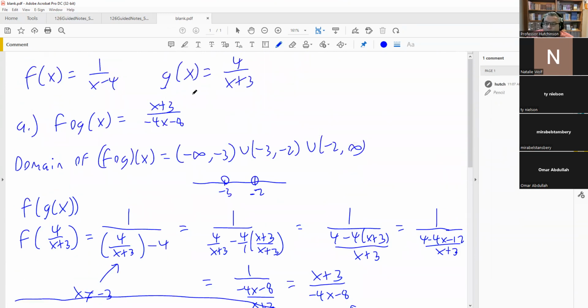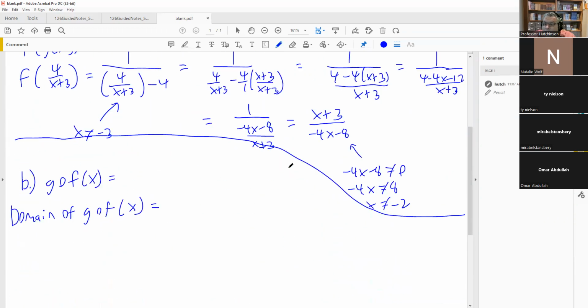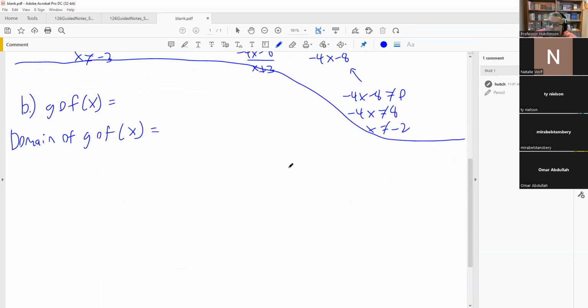First thing we'll do, here are the same two original functions again. If I want to find g of f of x, that is equal to g with an f of x put inside. That means I have to take out the f of x and replace it with the given formula.